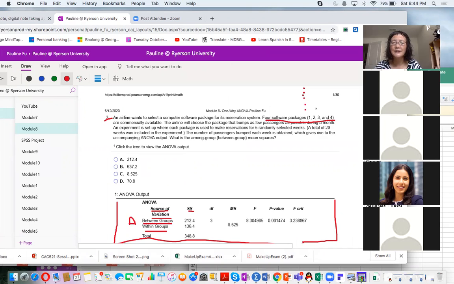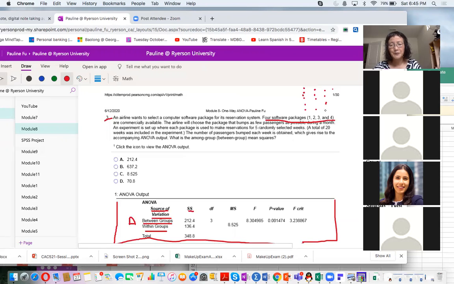The sample size is not necessarily the same. Could be different. Sample 1, you have 10 data. Sample 2, 8 data. Sample 3, you have maybe 5 data. Not necessarily the same sample size.